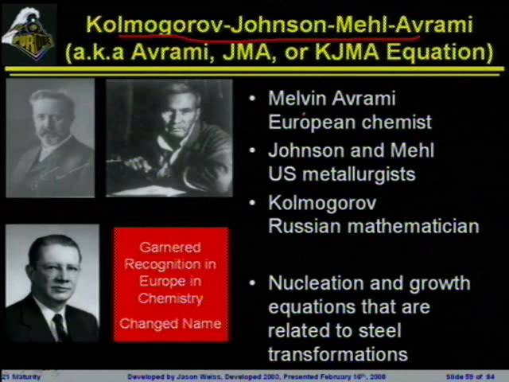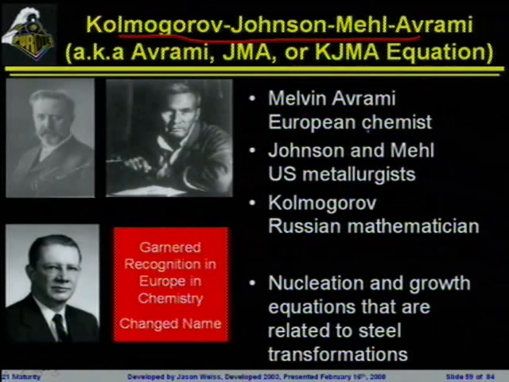Depending upon where you come to the field from, you will hear this either referred to as the Johnson-Mehl equation if you worked mainly in metals, the Avrami equation if you were really into chemistry. Depending upon where you started out, each one of these guys sort of had the same equation that they were using, but they came to it from a different point of view. The real thing that this is related to in material science is the concept of nucleation and growth.